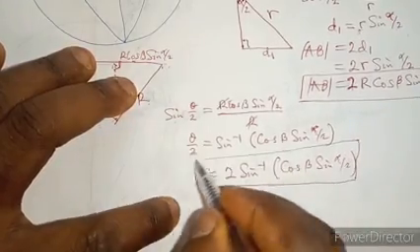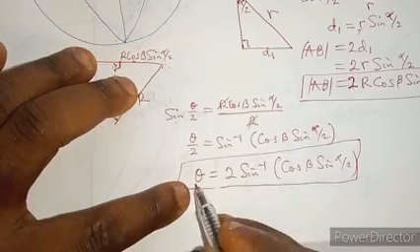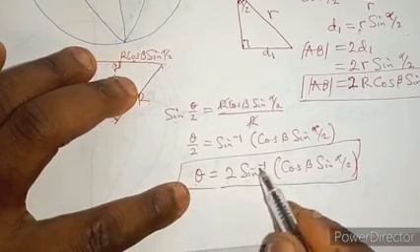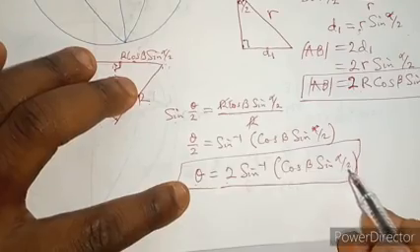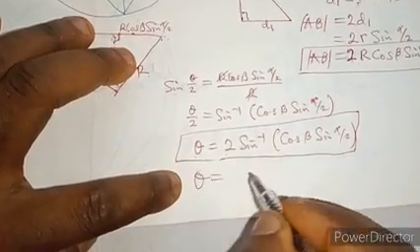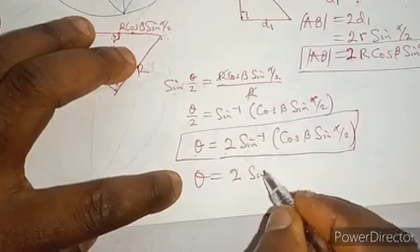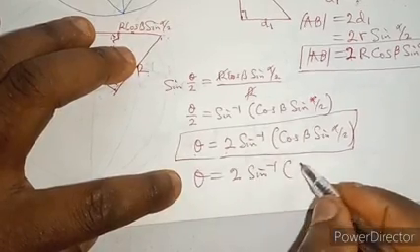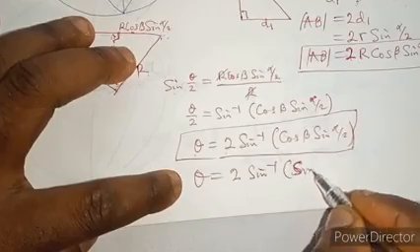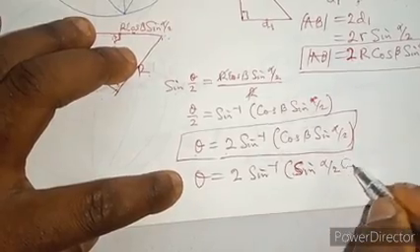Please note this. Theta is now 2 arc sine cos beta sine alpha over 2. That's what I wrote as 2 arc sine sine alpha over 2 cos beta.